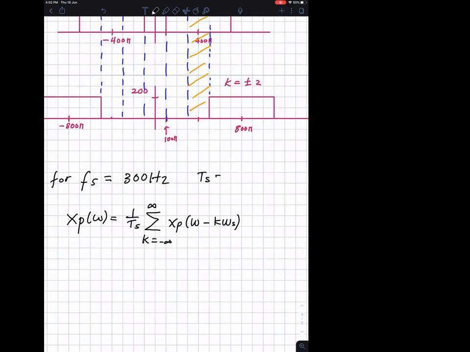Sampling time T is 1 over 300. Omega s is 2 pi over T, which is 2 pi over 1 over 300, right? So omega s is 600 pi, isn't it?